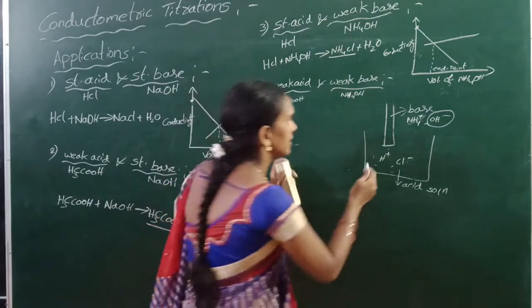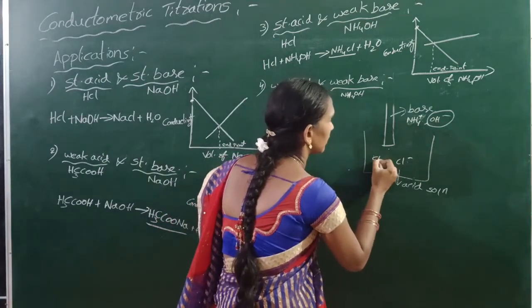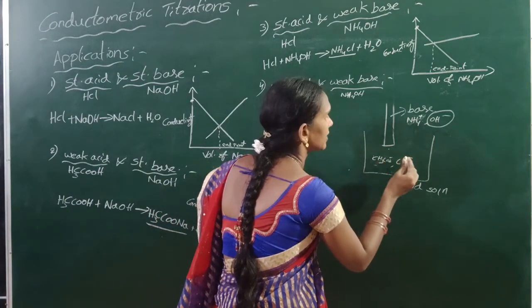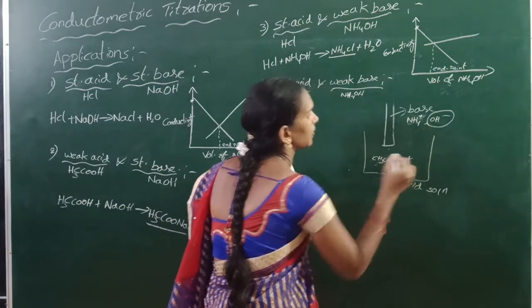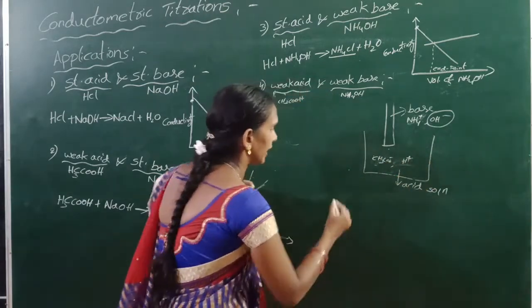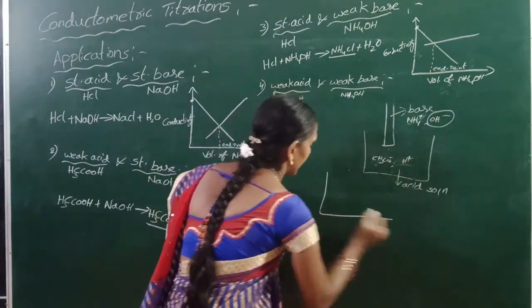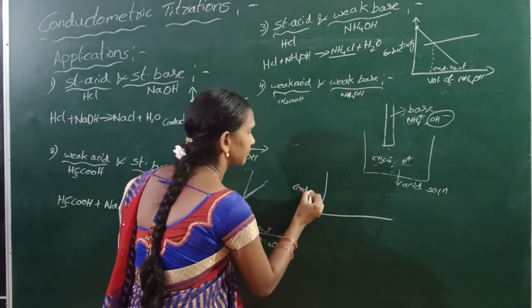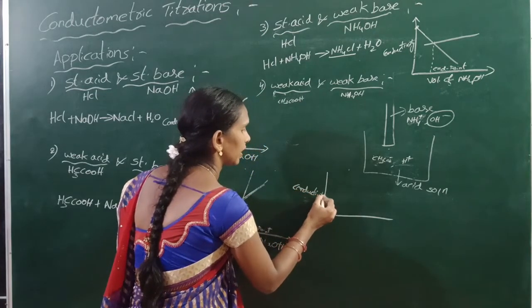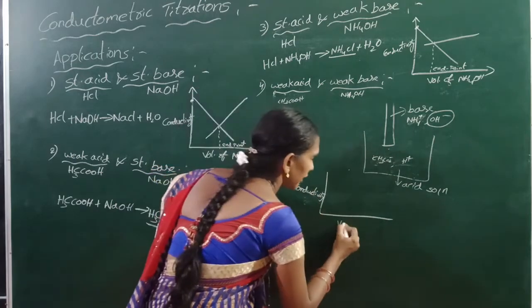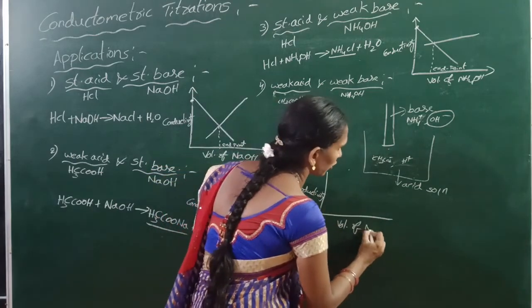In this case, CH3COO- and H+ ions. We plot conductivity values against volume of NH4OH.